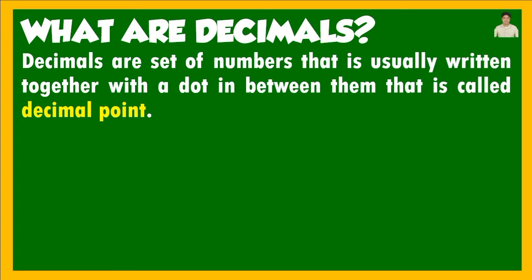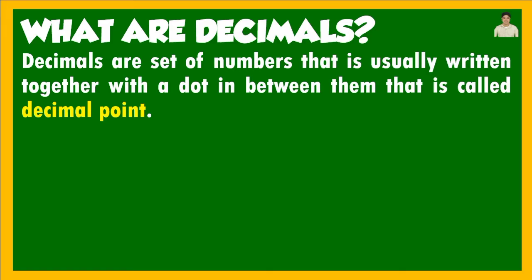Decimals are a set of numbers that is usually written together with a dot in between them that is called decimal point. Kapag ang isang given number ay meron siyang decimal point, ini-indicate niya na decimal po yung given. Kapag naman fraction, meron tayong tinatawag na fraction bar, numerator, denominator.